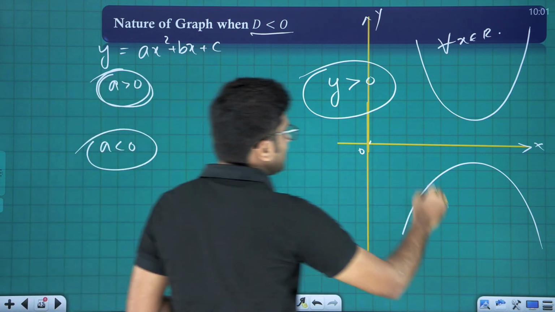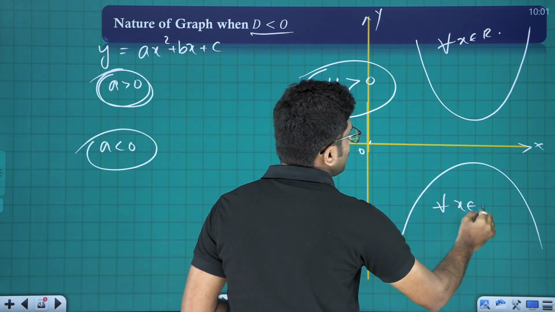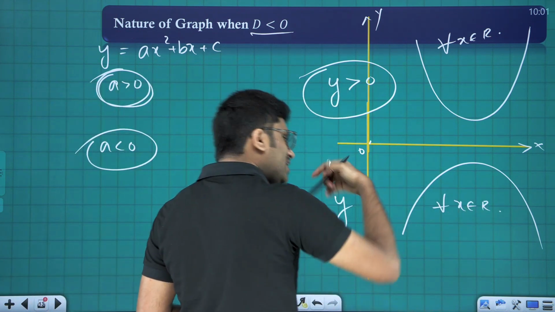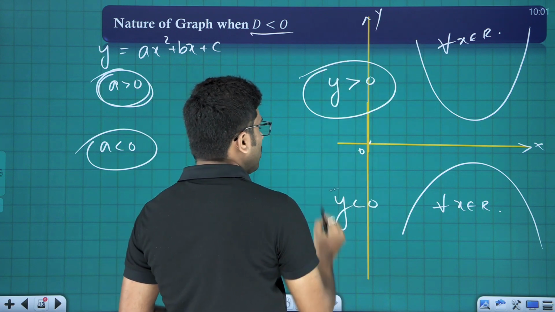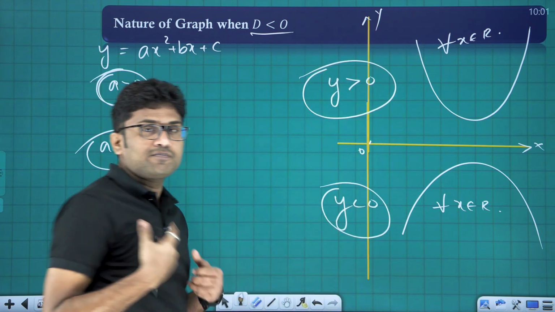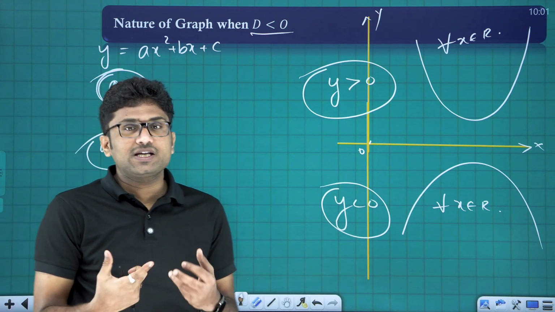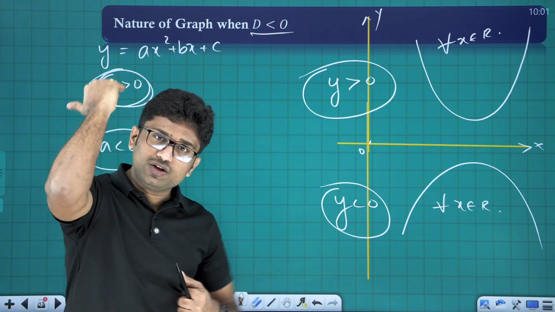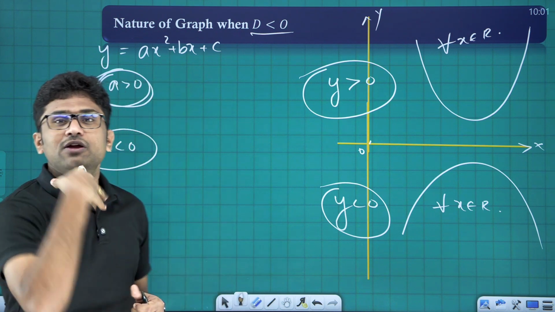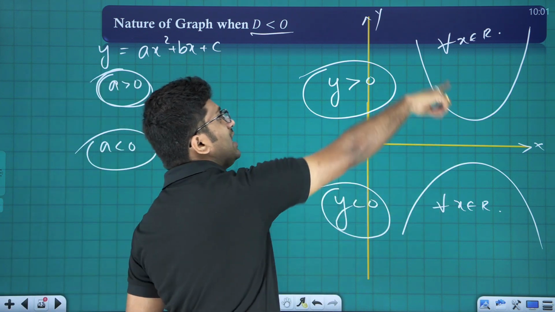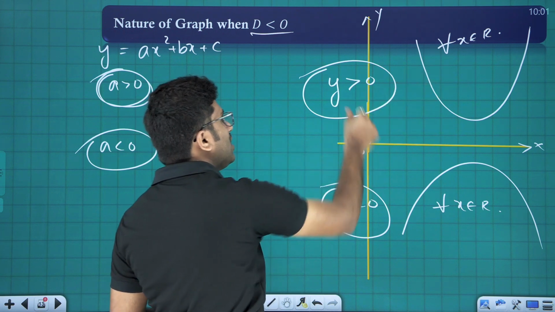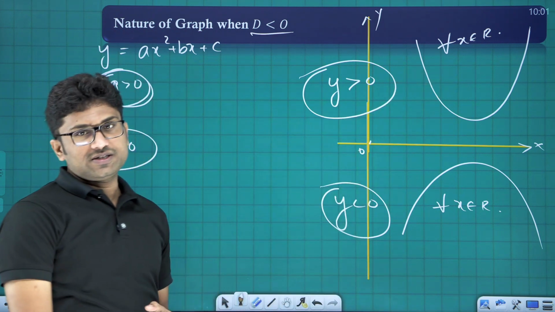Whereas in this case, for all x belongs to R, y will always be less than 0. Y is the expression ax square plus bx plus c. So any value you put in place of x, y will always be negative in this case.